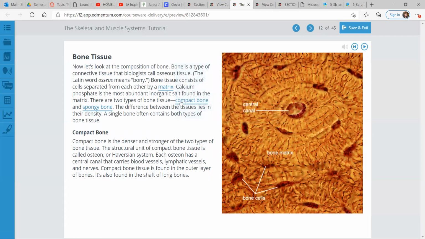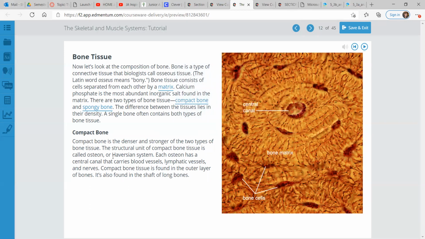There are two types of bone tissue: compact bone and spongy bone. The difference between those tissues lies in their density. A single bone often contains both types of bone tissue.